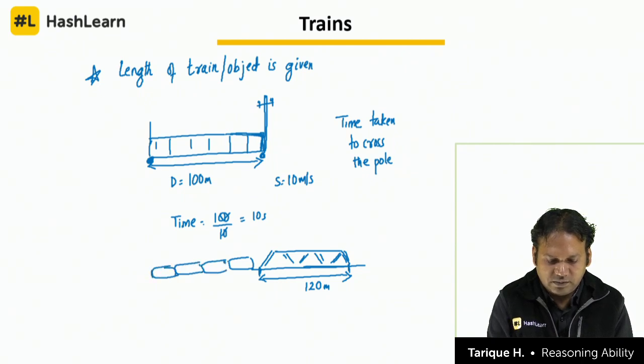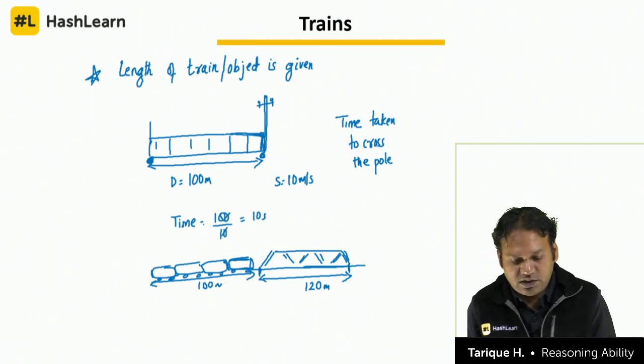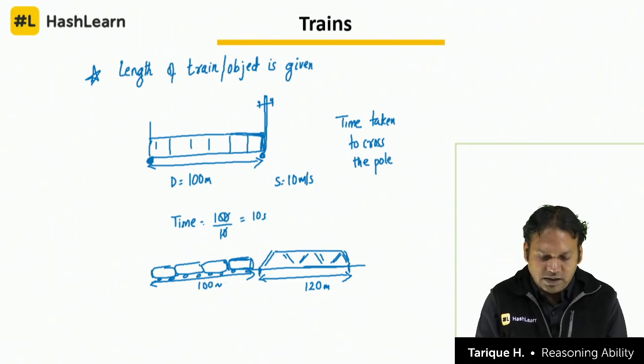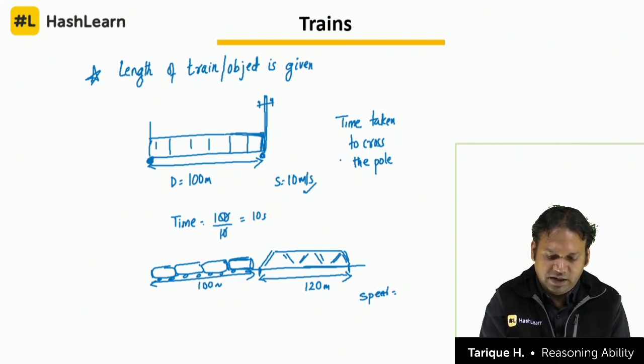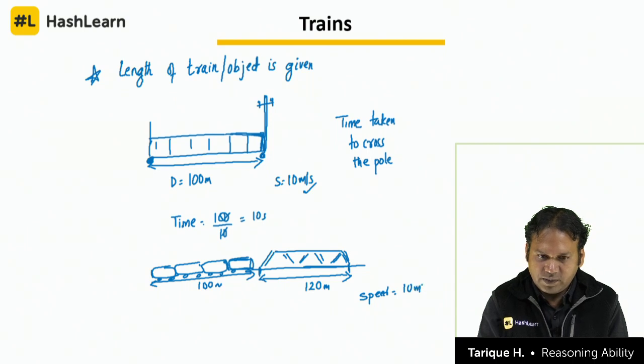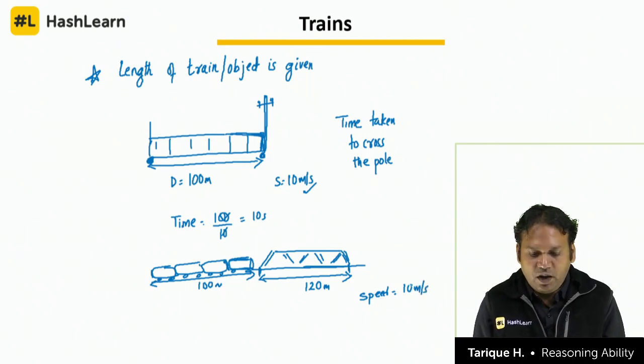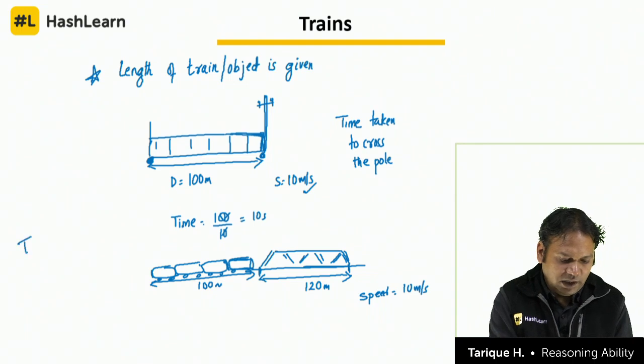The train is 100 meters long, and the speed of the train is, let us take the same speed as earlier, 10 meters per second. So, now the question is, how much time is taken to cross the bridge?